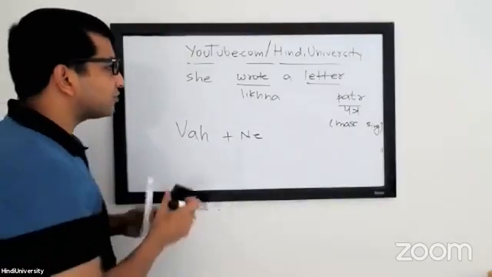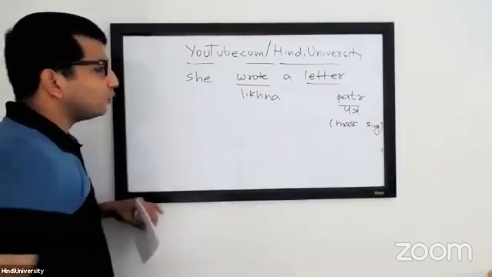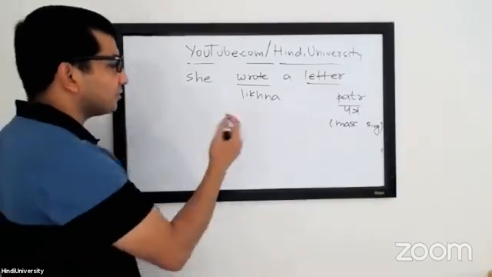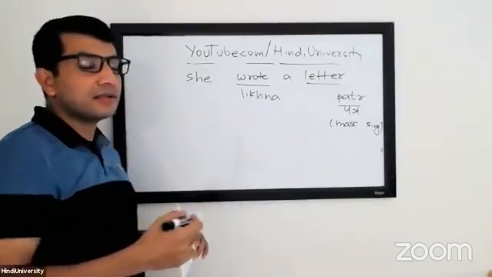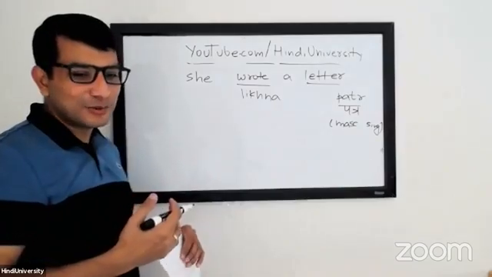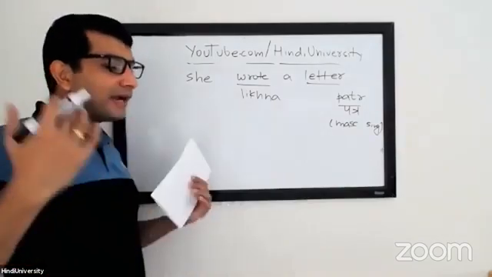And for she, I would use vaha. So my sentence would be usne ek patra likha. If I were to again challenge you, why do we put ne here? Because I learned about the verbs in the past, and in my mind I'm still fuzzy.